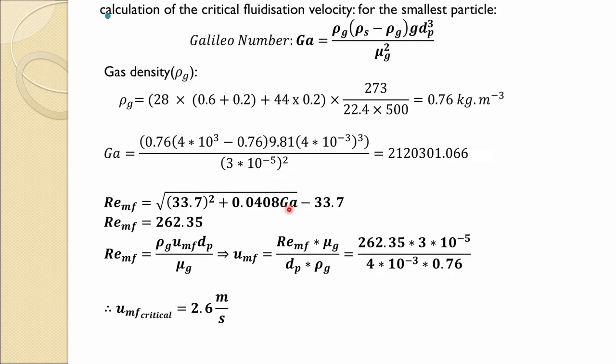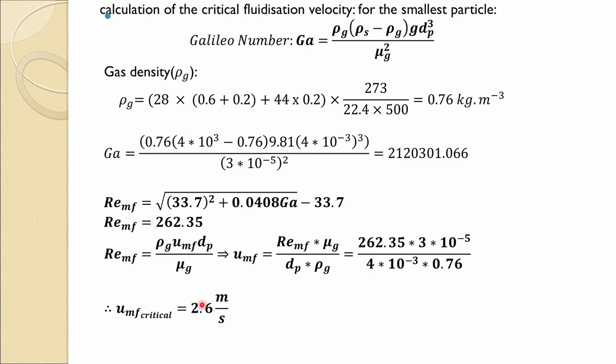If you put the Galileo number in this, you get the Reynolds number at minimum fluidization, which comes around 262, and from that you can easily calculate the minimum fluidization velocity. Everything again is given, you got the Reynolds number. So, your minimum fluidization velocity would be 2.6 meter per second.